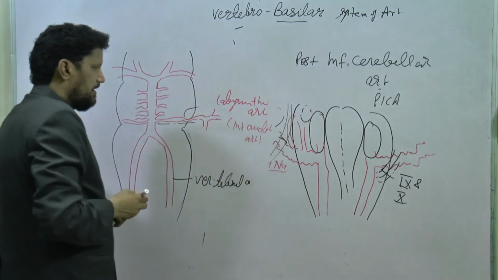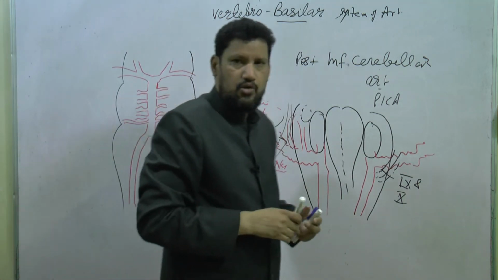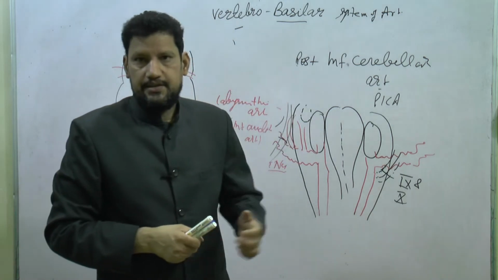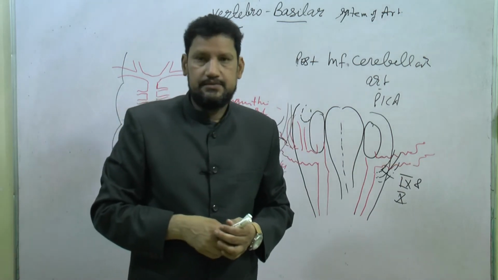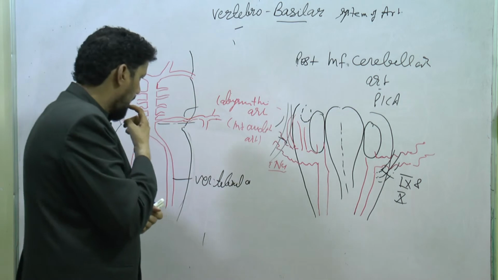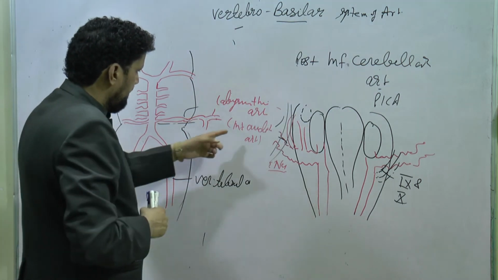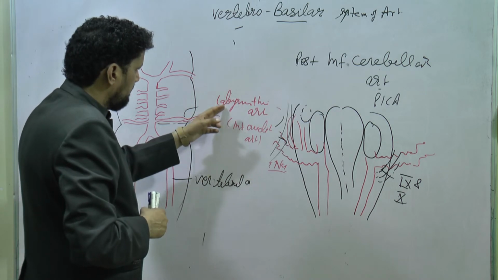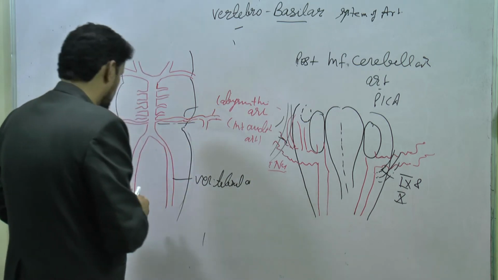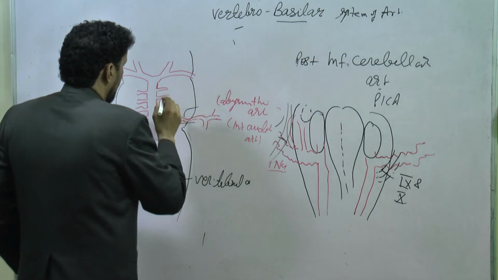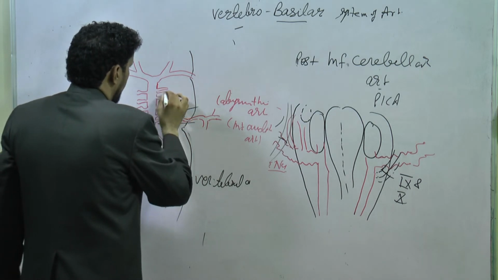This internal auditory artery runs with the vestibulocochlear nerve in the internal auditory meatus. Many times the internal auditory or labyrinthine artery also arises directly from the basilar artery.